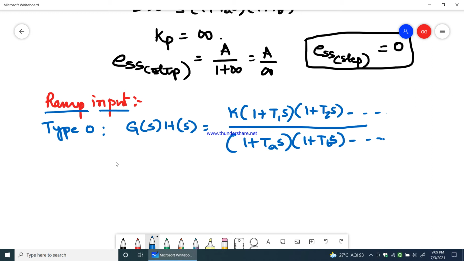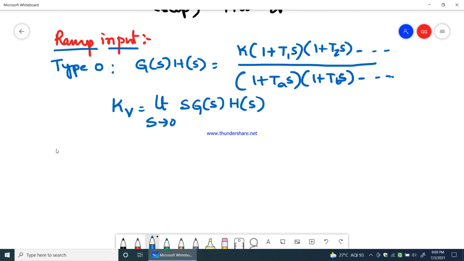Whereas we know that for a ramp input, the velocity coefficient Kv equals limit s tends to 0, s into G(s)H(s).